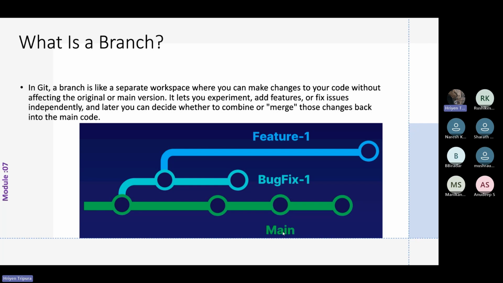From there, you create a new branch called bug fix one, which is created from your main branch. If you want, you can also take another issue and create another branch based on the main branch. Don't worry, it is very simple. As we go along, we will learn a little bit in detail.